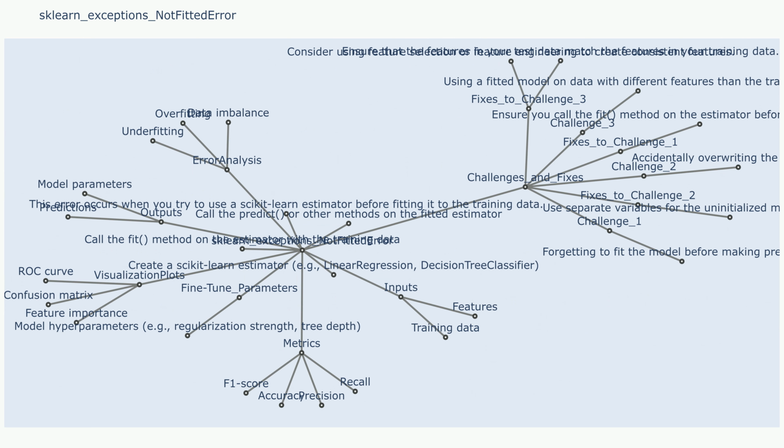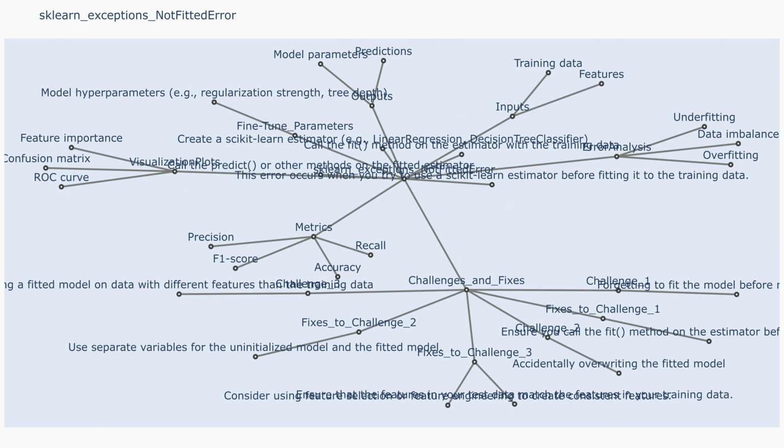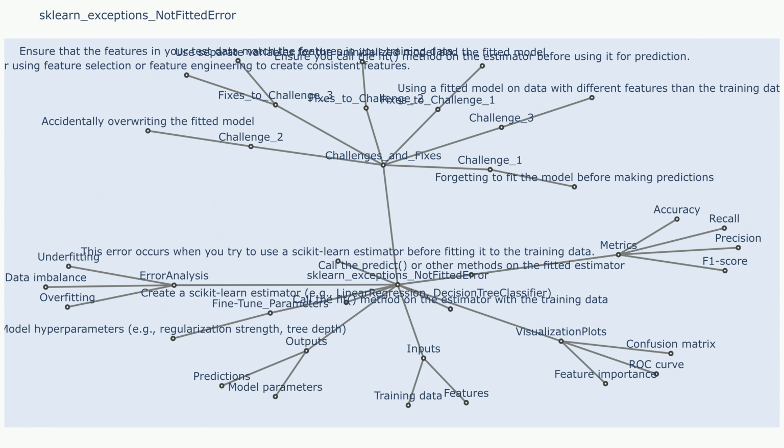Fitted estimator. After training, the estimator learns the underlying patterns from the data and becomes ready for making predictions or transformations. Predictions or transformations. Once fitted, you can use the estimator to make predictions on unseen data or apply transformations to existing data.